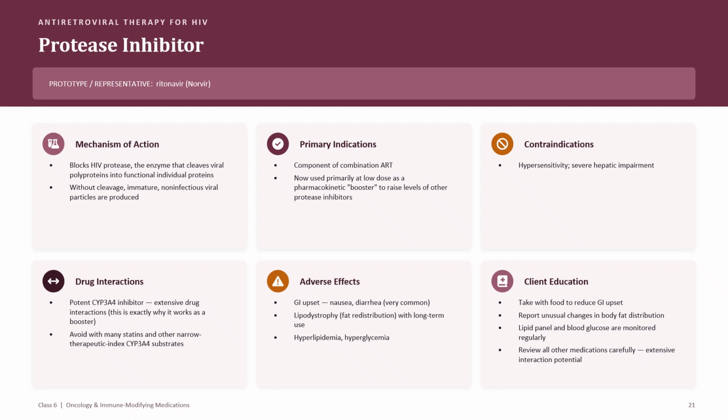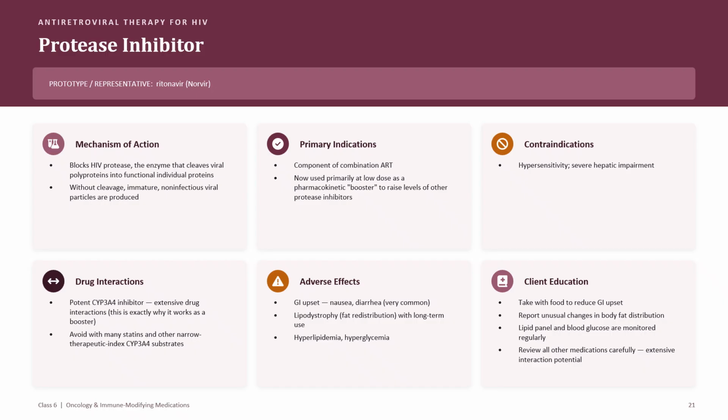Now, here's one of the more interesting pharmacology facts. The medication ritonavir is barely used anymore for its own antiviral effect at full dose. Instead, it's now used at a lower dose as a booster for other protease inhibitors.